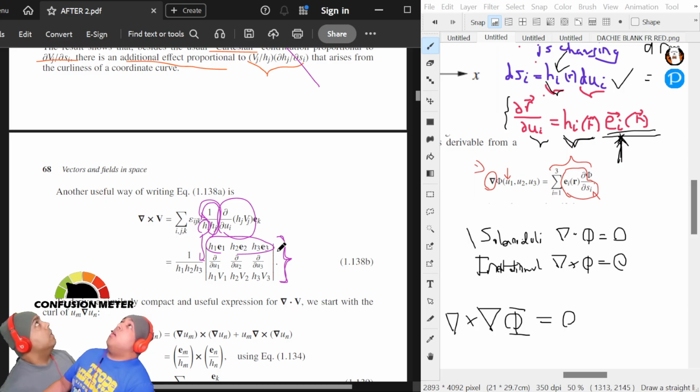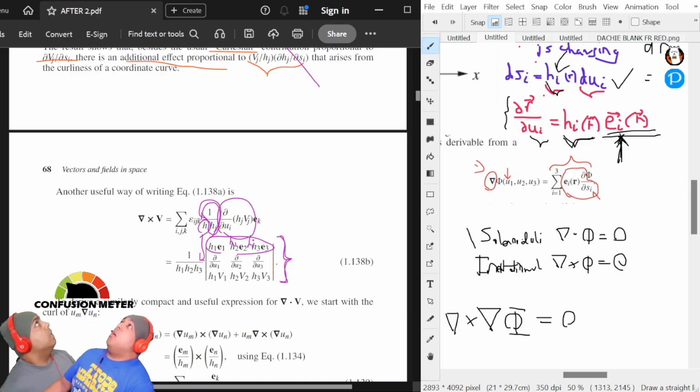This del L, E1, H1, V1, H1, H1. Oh, you can't take that out because you need the H1s throughout in order to row reduce. So you can't do that.